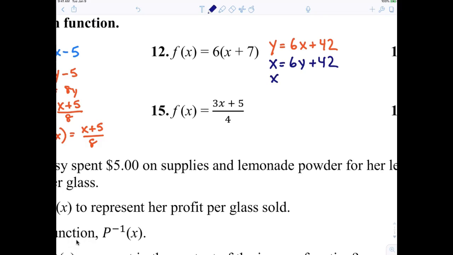And so x minus 42 equals 6y. Everybody see that?